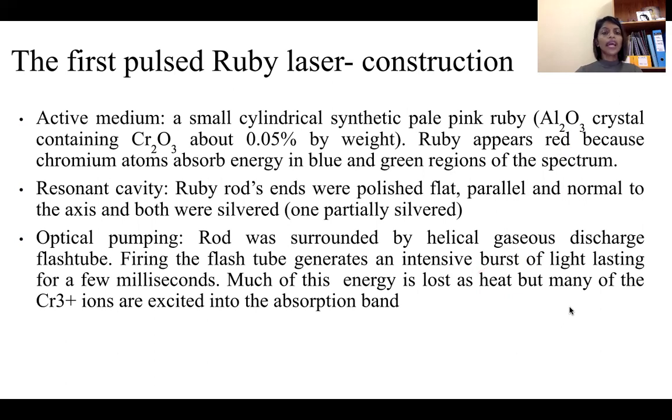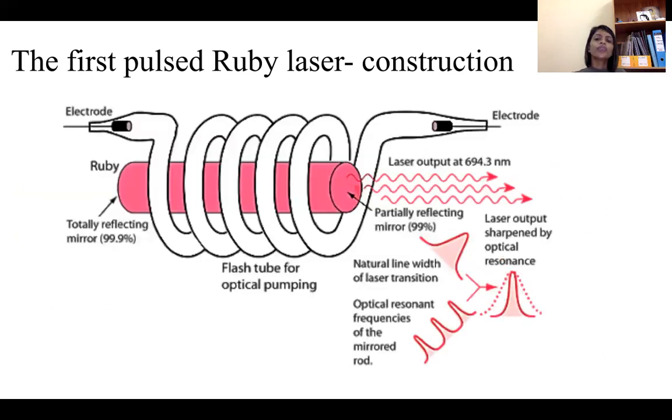Right, so the active medium is a small cylindrical synthetic pale pink ruby. Here we have this ruby crystal. It is a small cylindrical synthetic pale pink solid.